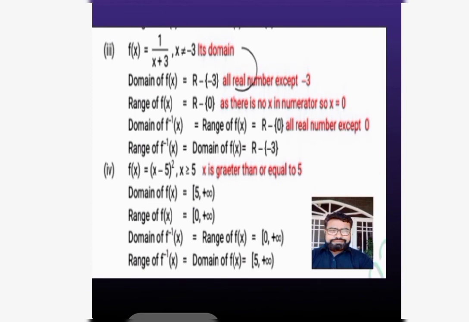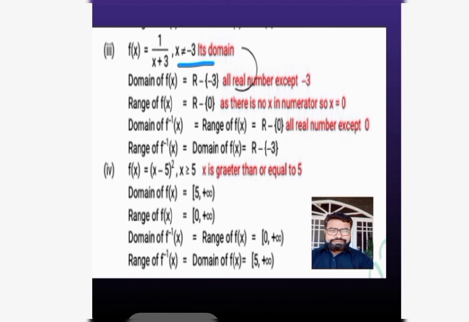Now we will find the domain and range of part number 3 and part number 4. Here is again a rational function, and remember that if it is written "without finding the inverse function," you have to follow the technique told in part number 2: if there is a rational function and it says without finding f inverse of x, write the domain and range of f inverse of x.